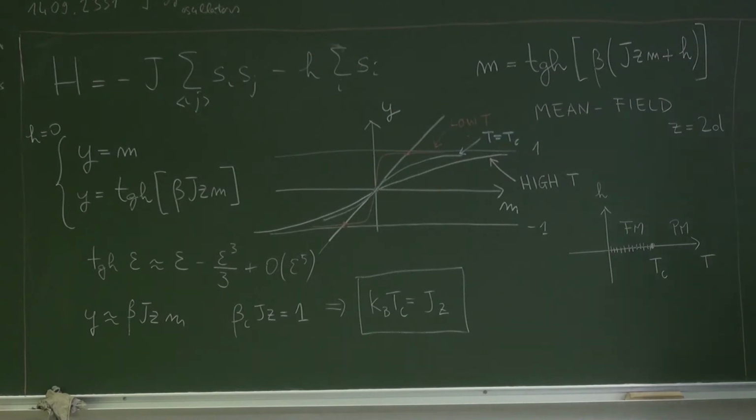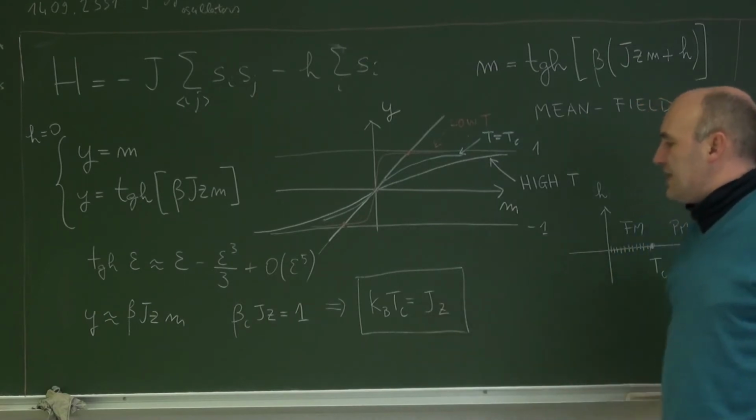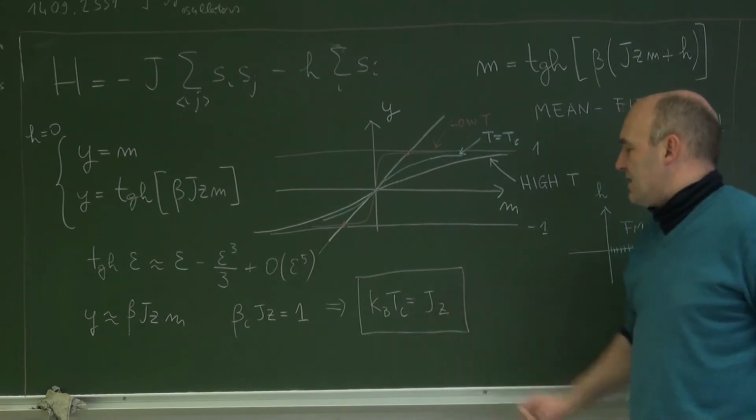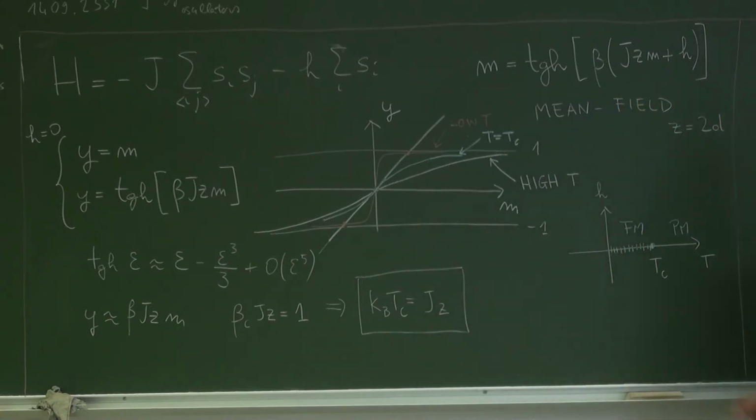Now Tc depends on J and on Z. So let's try to understand this dependence. What does it mean that Tc is linear in J?